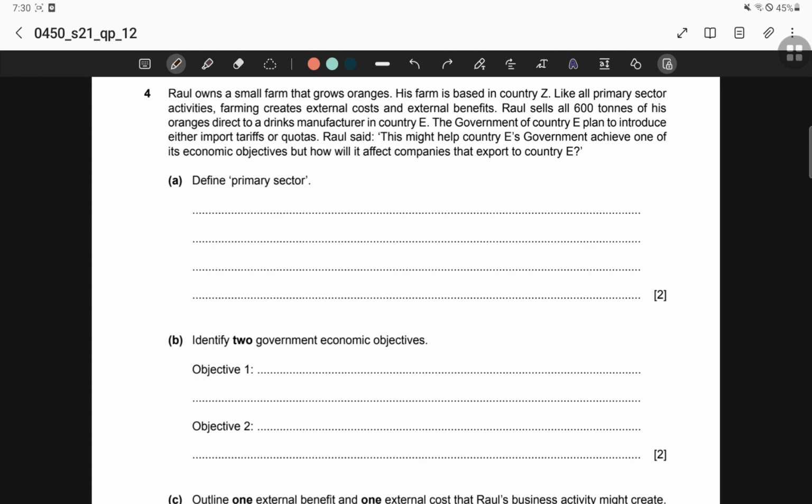You can also write that it extracts and uses the natural resources of the earth to produce raw materials used by other businesses. Now I think the first one I mentioned is more clear, or it's better to remember.